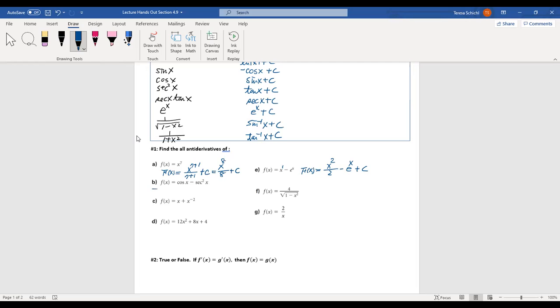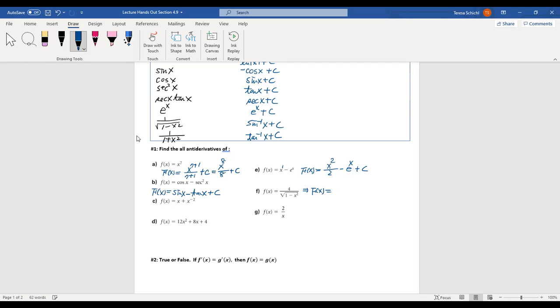Okay, now let's look at this one. What function has a derivative that gives you cosine? Sine, right? So the antiderivative here is sine x. Minus, what has a derivative that gives you secant squared? It's tangent x, that's right. So plus c here.